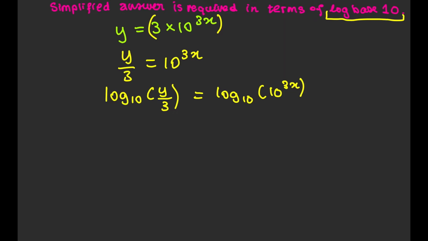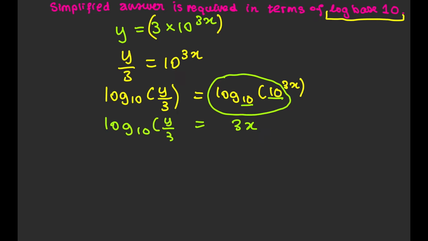So if we have base 10 and argument 10, let's take this by itself. By default, it goes away. It gets cancelled. So we would simply have 3x on this side. And now we have log base 10 of y upon 3.